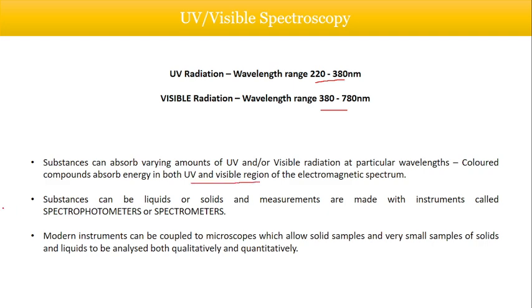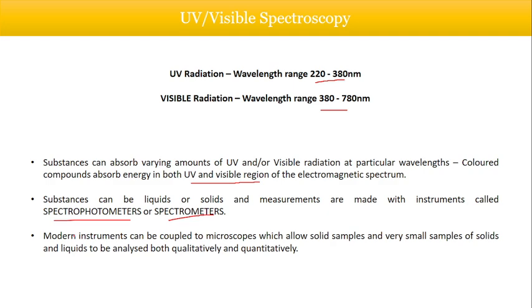Now, substances can be liquids or solids, and the measurements are made with specific instruments, which we call spectrophotometers or spectrometers. Okay, now, modern instruments can be coupled to microscopes, which allow solid samples and very small samples of solids and liquids to be analyzed both quantitatively and qualitatively using this instrument.